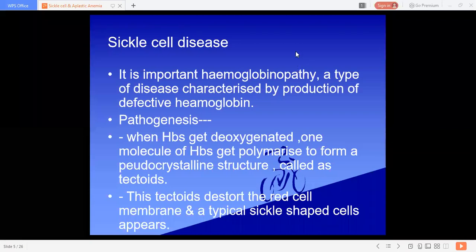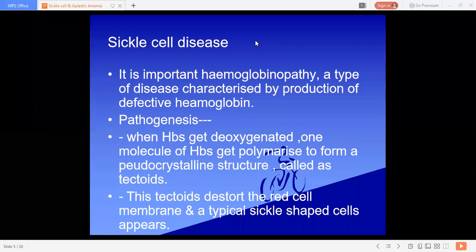And these tactoids distort or disrupt the red cell membrane, and a typical sickle shaped cell appears. So the pathogenesis of sickle cell disease is related with deoxygenation.